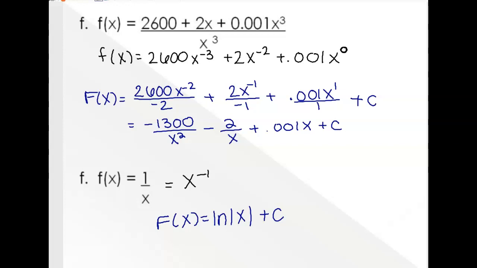That gives us a 0, and that should hopefully spark our reminder that x to the negative 1 is really 1 over x, so 0.001 times 1 over x, and we know that that can be factored out in front, and my 1 over x becomes an ln.